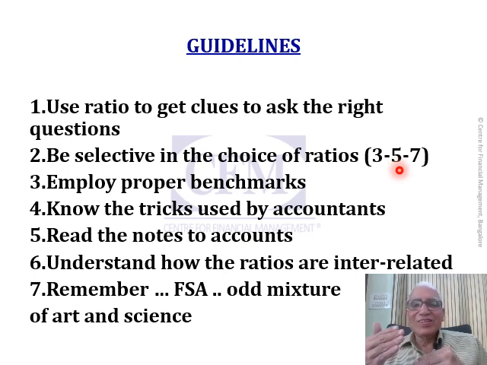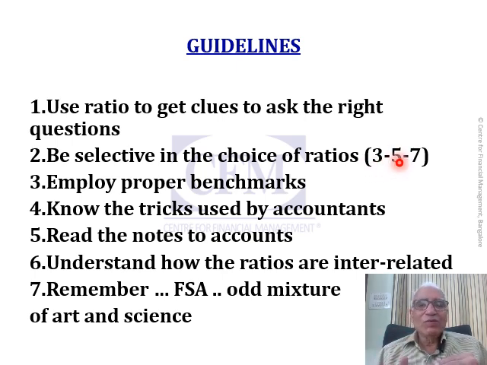If I had to further expand my analysis, I look at free cash flow and sustainable growth rate. This is my list. You will have to select ratios that make sense to you. But remember this rule of thumb 357. Under extraordinary circumstances, you can expand your analysis, but for most purposes, this will suffice.